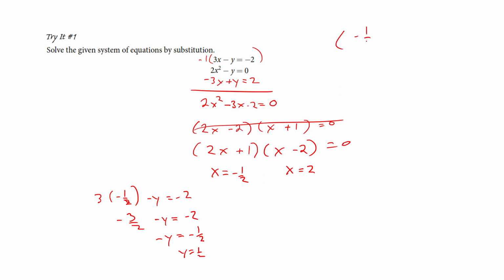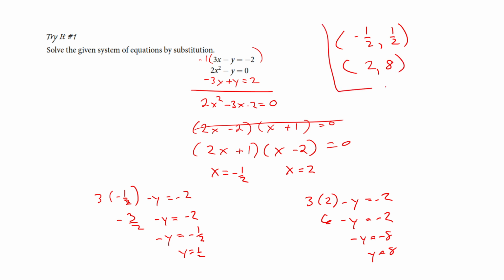So one solution is going to be negative 1/2, 1/2, and the other solution, putting 2 in there, 3 times 2 minus y equals negative 2. 6 minus y is negative 2. Okay, so y is 8. Okay, so here's our two solutions. You could again double check these, but they're going to turn out to be true.